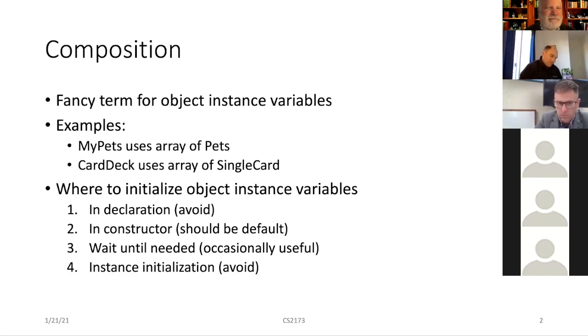If I didn't, then ignore that bullet. But card deck, okay, we're talking about card deck. It uses an array of single card, and it also has one of these random number generators. Actually, the random instance variable in card deck is a slightly better example of composition.